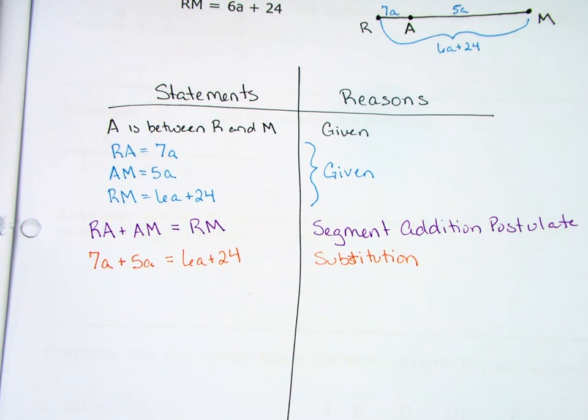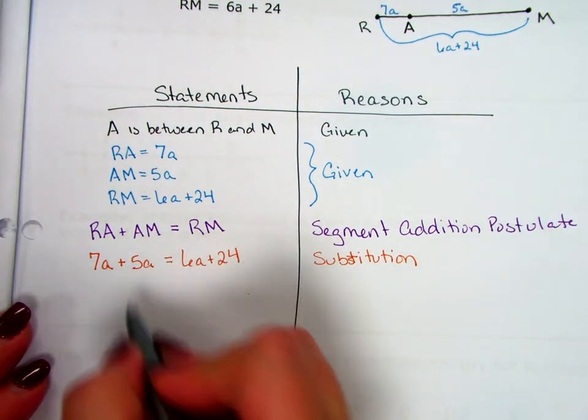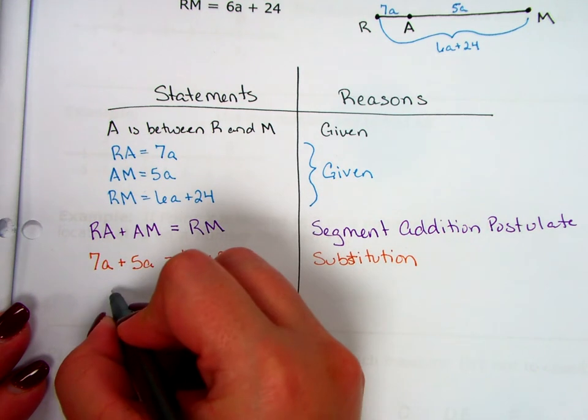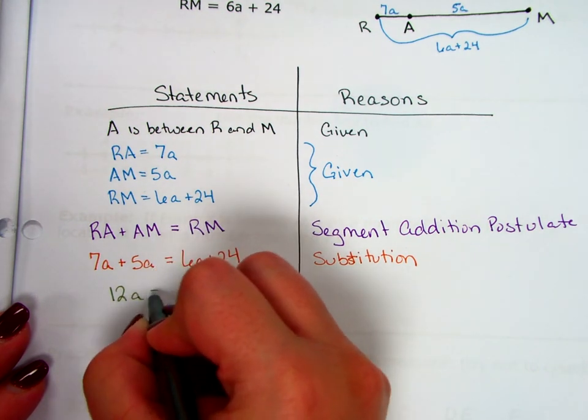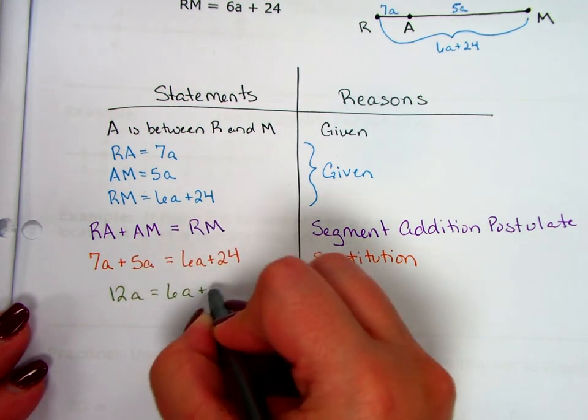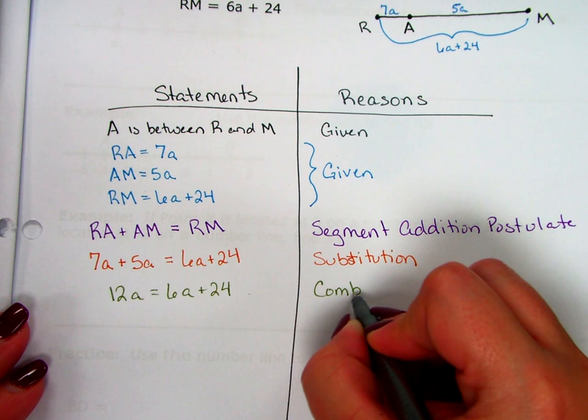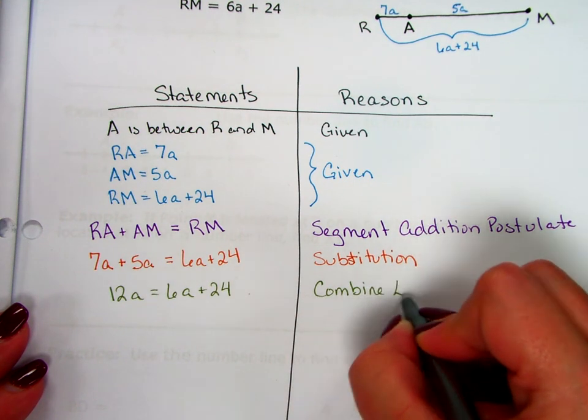All right, what's next? Combine like terms. Don't call it addition. It's combining like terms. 7A plus 5A is 12. 12A equals 6A plus 24. That was combining like terms, not addition.